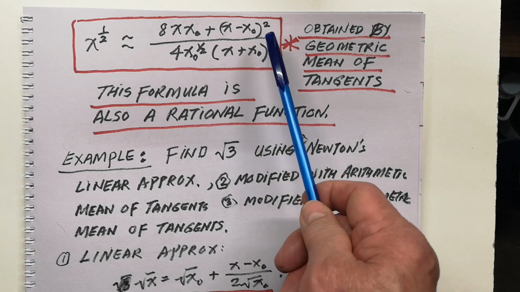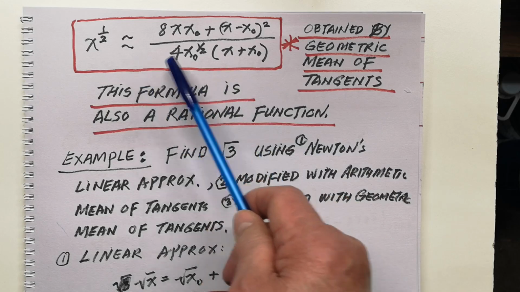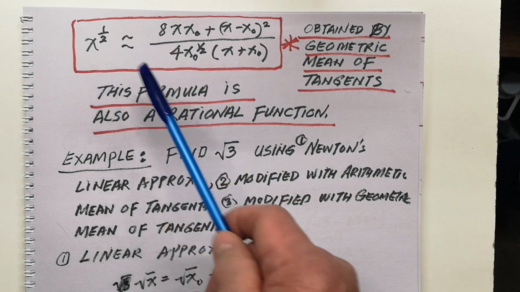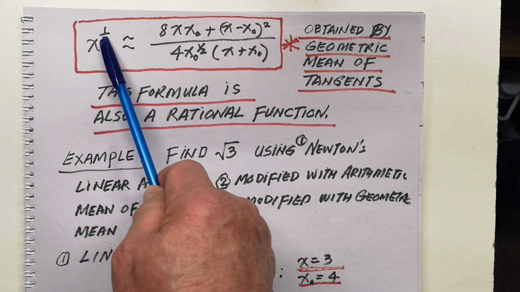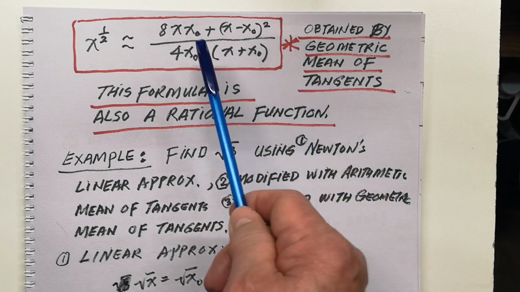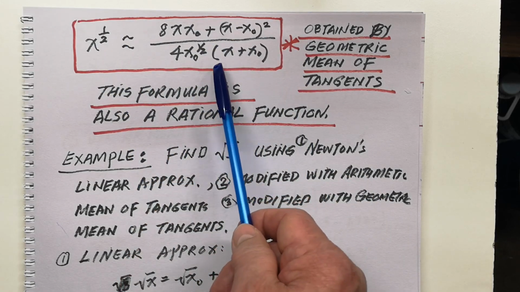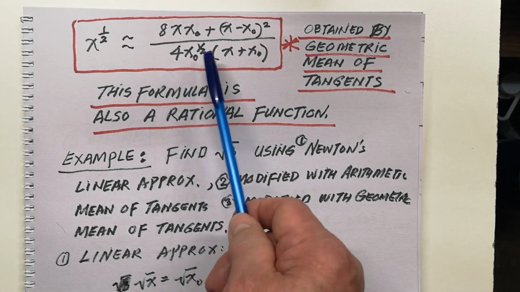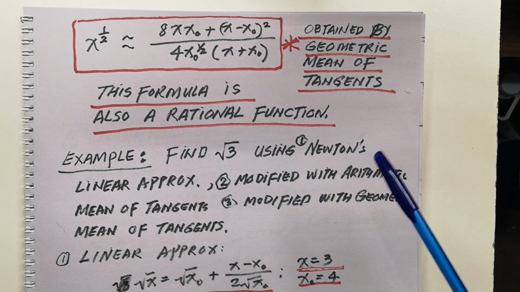I only later found out that actually this formula is the third iteration of the Newton-Raphson method. The value you can get from here, using the initial value for the Newton-Raphson, is equal to the third iteration. So one formula is already equal to the third iteration of the Newton-Raphson method. Thank you.